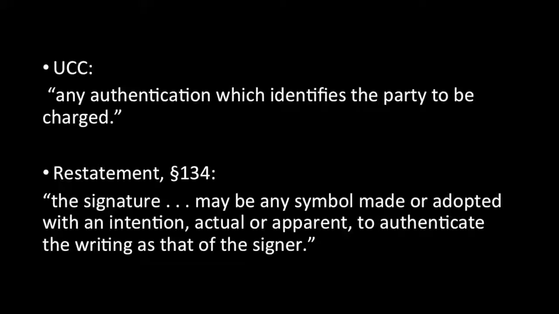Generally, courts take a broad view of what constitutes a signature. The Restatement Second of Contracts 134 says that the signature may be any symbol adopted with an intention, actual or apparent, to authenticate the writing as that of the signer.